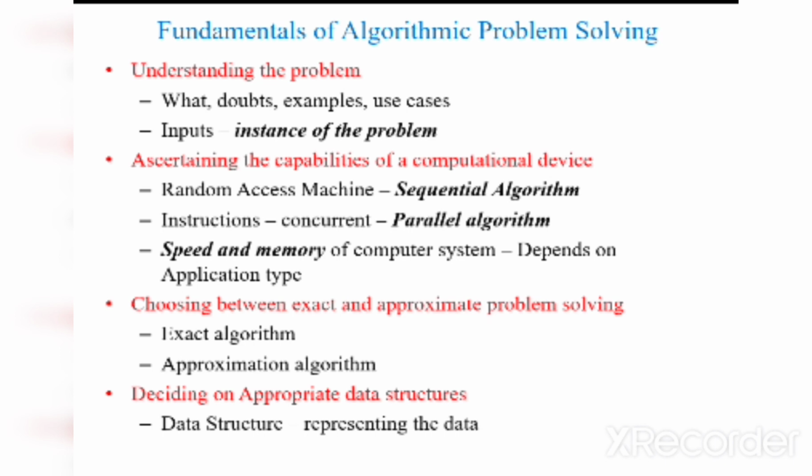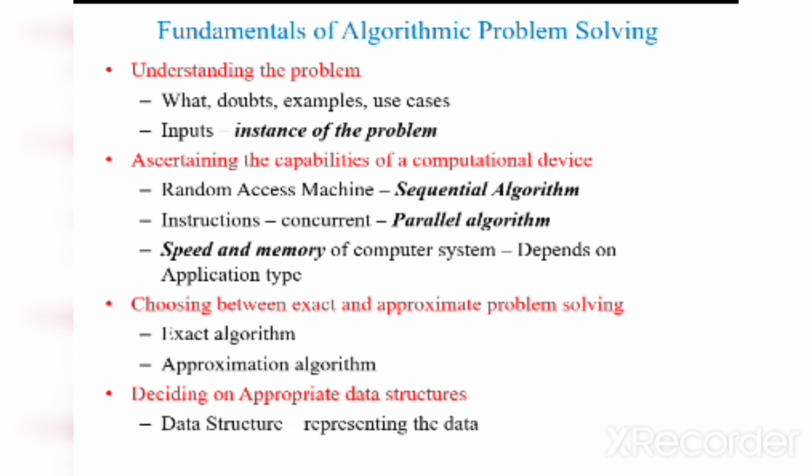So we'll be using the exact algorithm for that. In case of calculating the square root of a number, if we get an answer like 3.142222, in that case we'll be rounding off the answer. So in that type of problems, we are going to approximate the solution. So based on that, we'll be choosing between the exact algorithm or approximation algorithm.